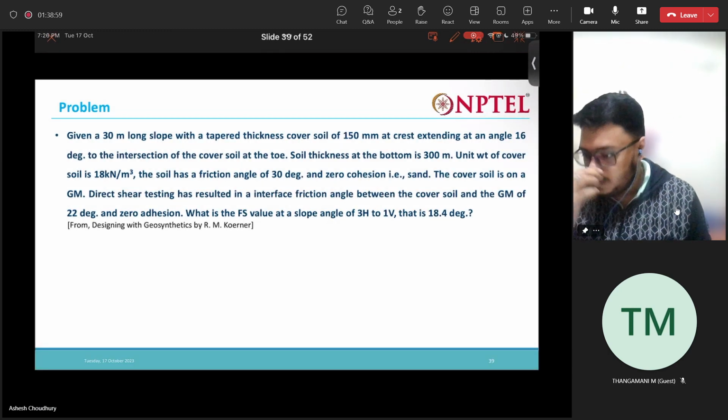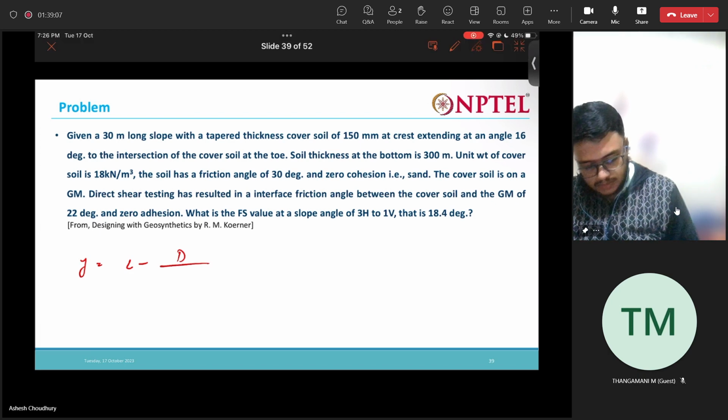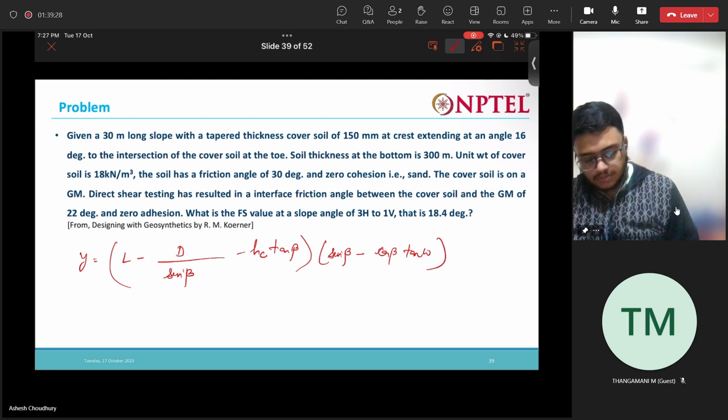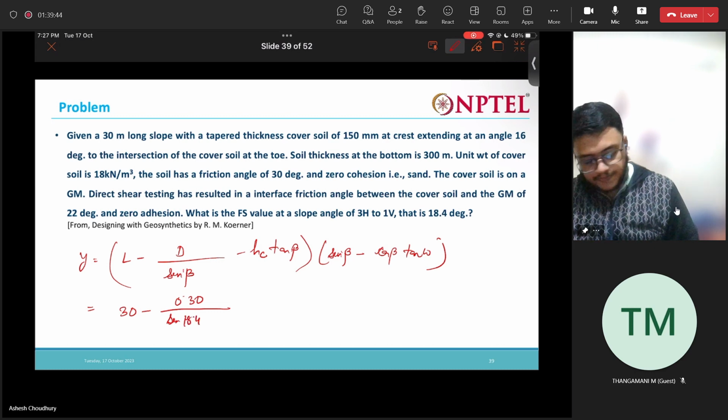All the values are given. So I will just find everything first. Tan omega, omega is how much? 16.